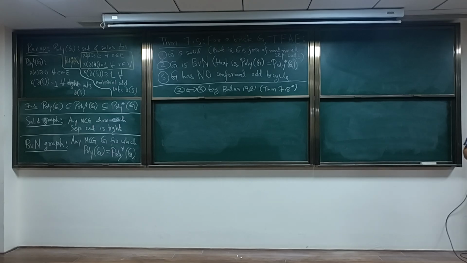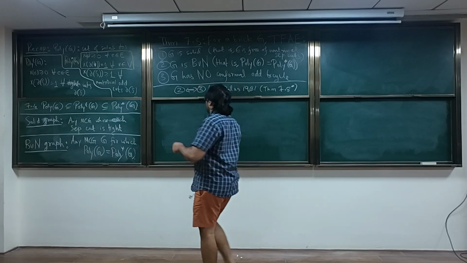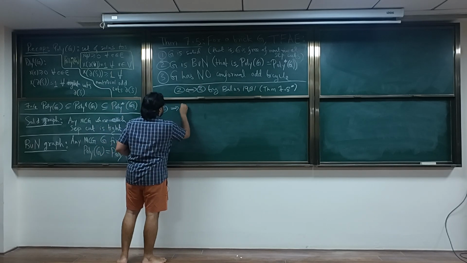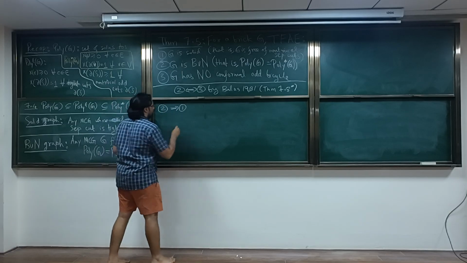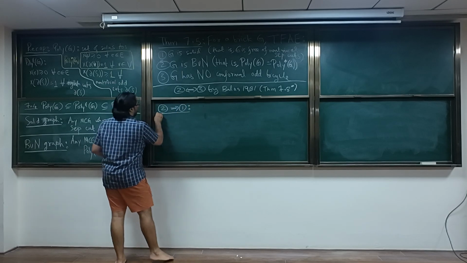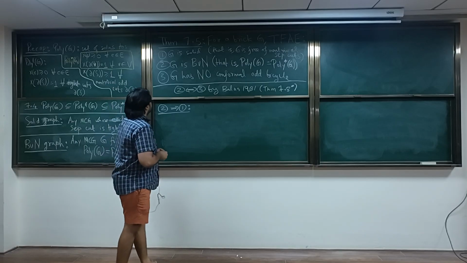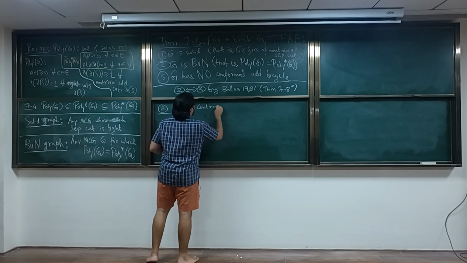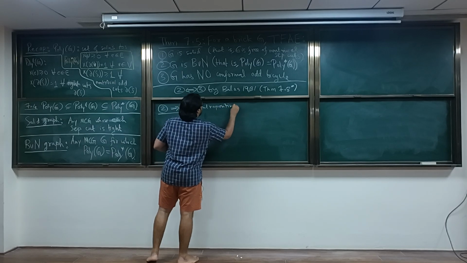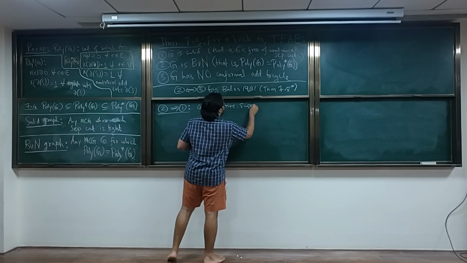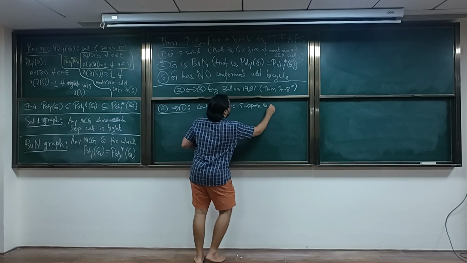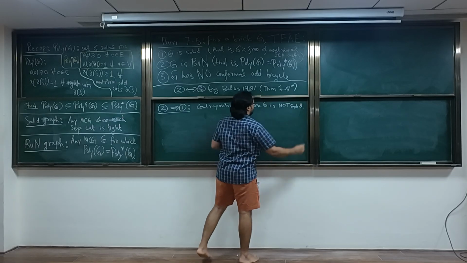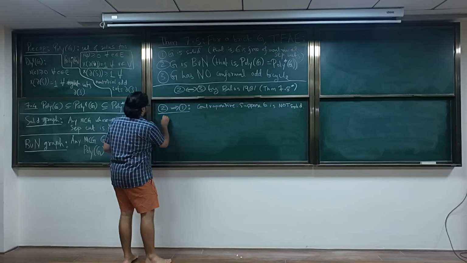Okay. So what remains is proving 1 and 2 are equivalent, and we started 2 implies 1 last time, but we did not complete it. Right. So we're proving the contrapositive. Let's suppose the graph G is not solid. Which means that there is a non-trivial separating cut.